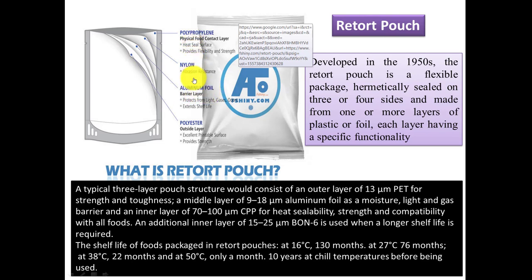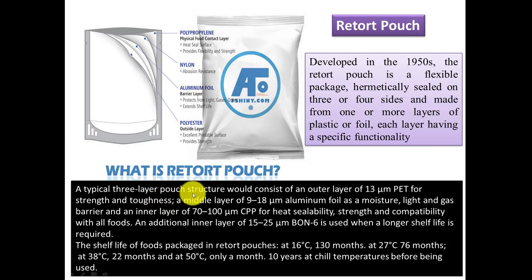The function has been given sidewise: heat resistance, providing flexibility and strength. Nylon provides abrasion resistance. And what is the function of this aluminium foil? Protect from light, gases, odors, and extend the shelf life. Then polyester is the outside layer, and this polyester can be replaced with PET. It gives an excellent printable surface and provides strength. So it is a kind of laminate in which aluminium is one component.